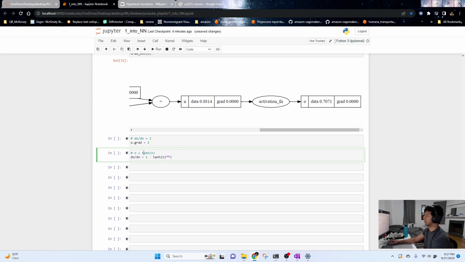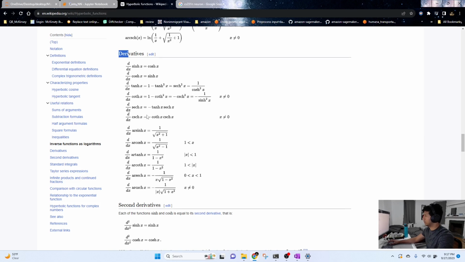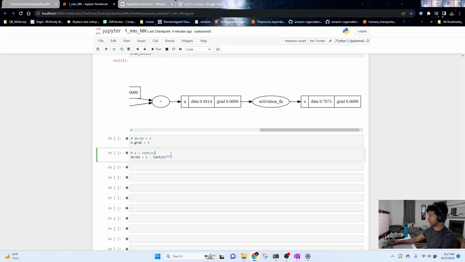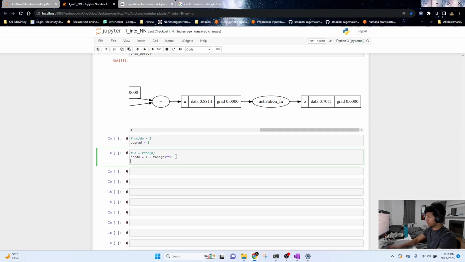We are basically saying do by dn is equal to 1 minus tanh of n squared. And tanh of n is basically o, so it is 1 minus o squared.